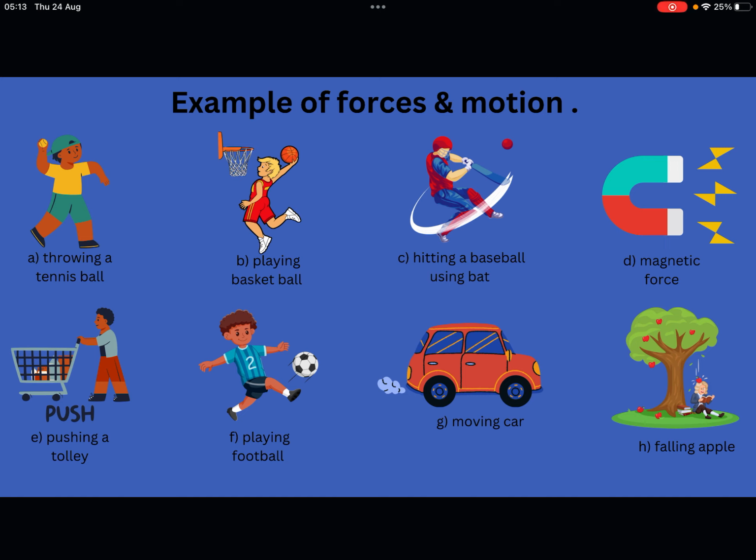And then B, magnetic force. Magnetic force is due to the magnetic field. I will not explain so much about that, but I just want you to know that a magnet will usually attract metals, mostly steel and iron.